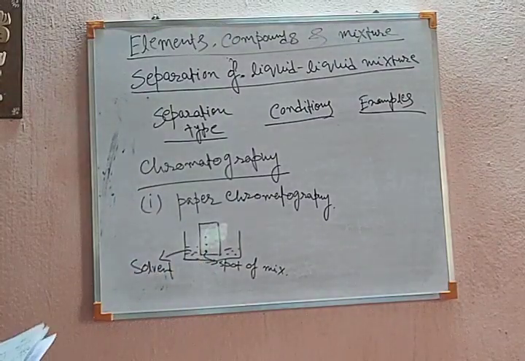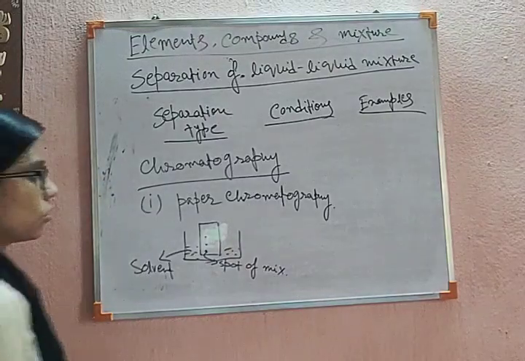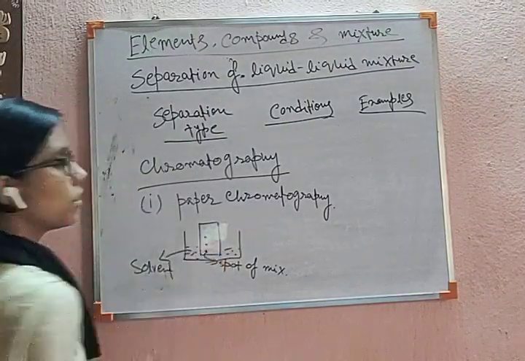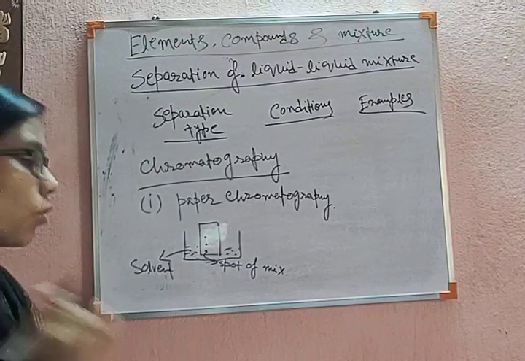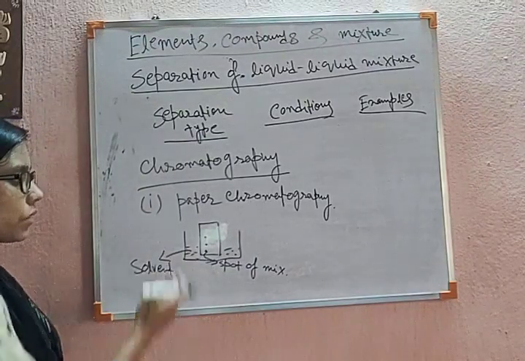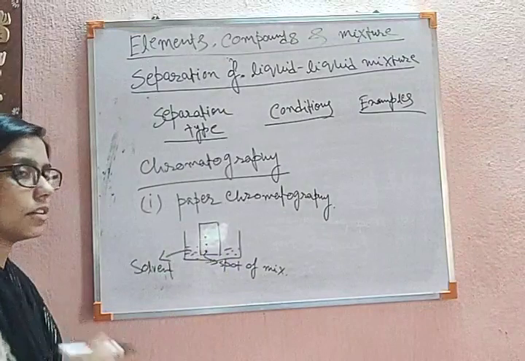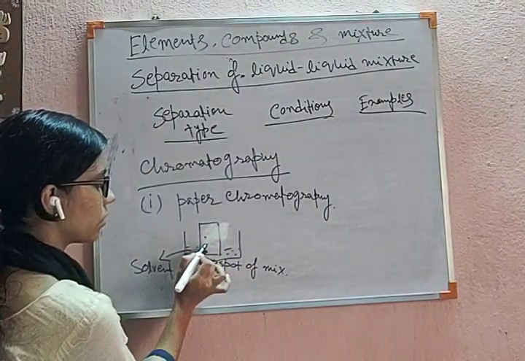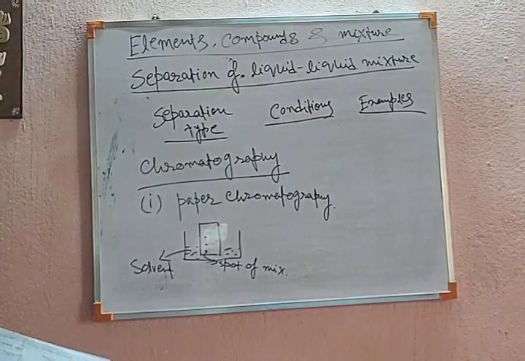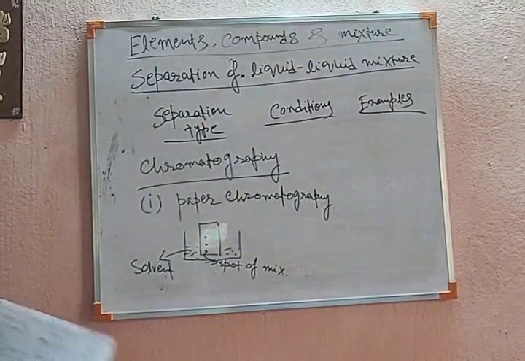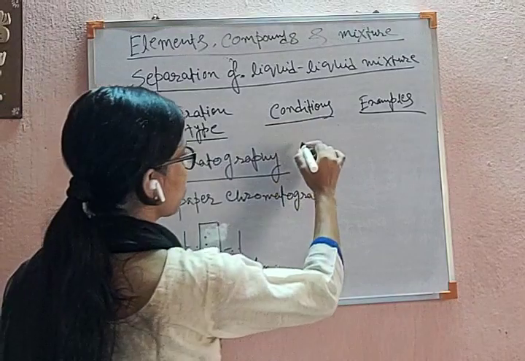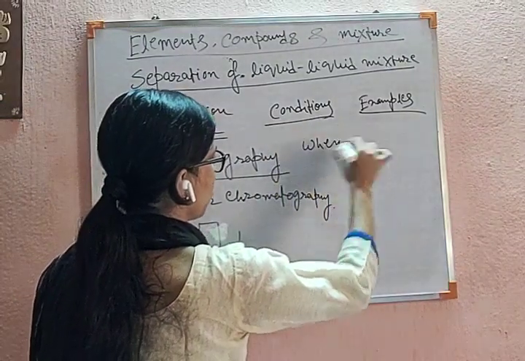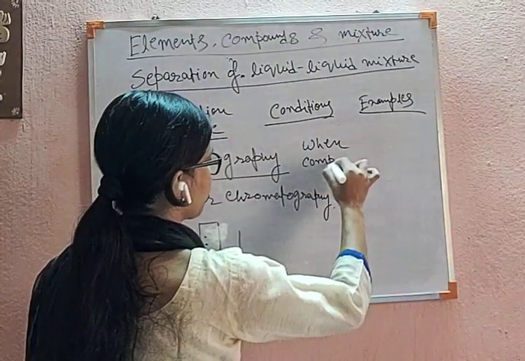The more soluble substance rises faster. Between these two liquids, the liquid that is more soluble in this solvent gives this first spot, and the liquid that is less soluble gives this second spot. So we can write in conditions: when components have similar properties.